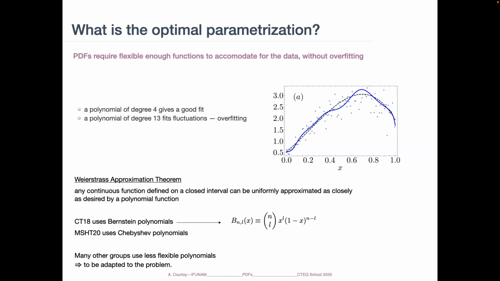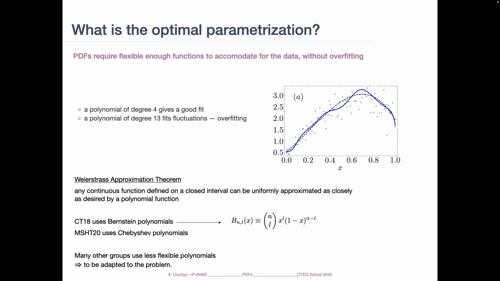And you want to increase the degree of the polynomial, and then you realize that you start fitting fluctuations, right? So that blue curve is not what you want to have. You want something that is really stable and has a low degree of polynomial. You don't want to overfit, and you don't want to underfit either. If it's not flexible enough, then you underfit.